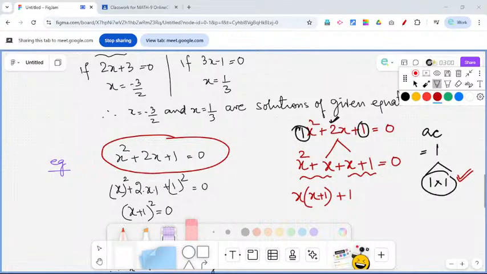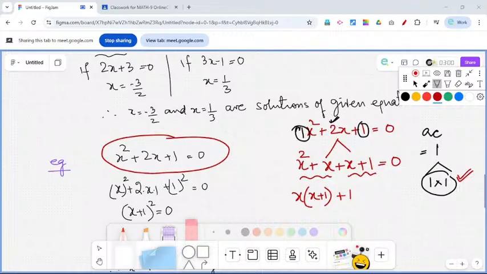Now see both the examples. In this quadratic equation we have only one solution, which is x equal to negative 1. So there is only one solution. But the example we saw before, this one, had two solutions, 1 upon 3 and negative 3 upon 2.